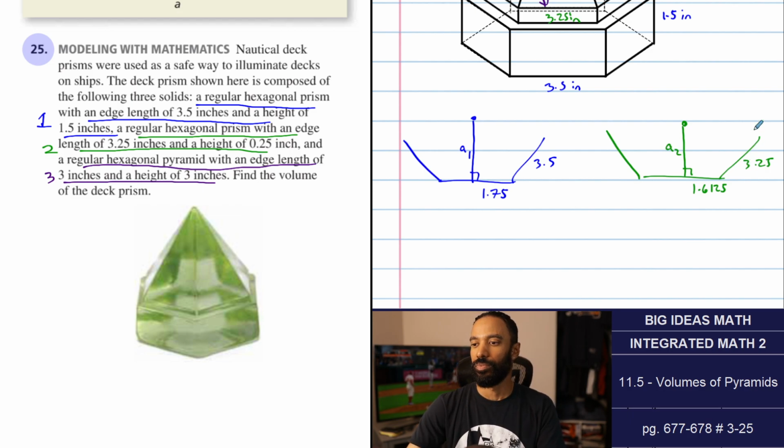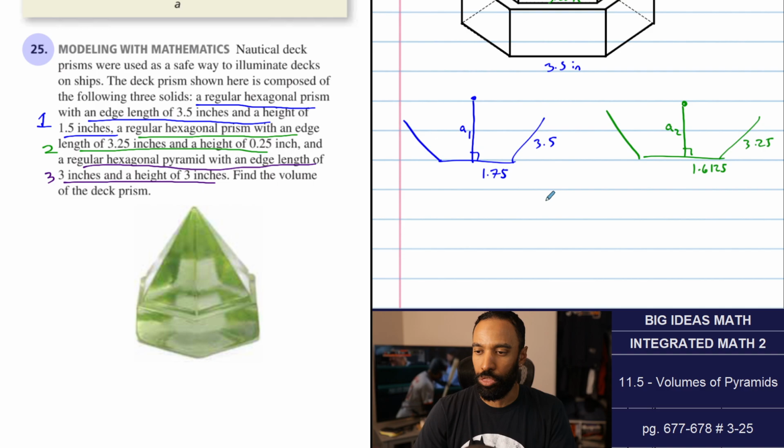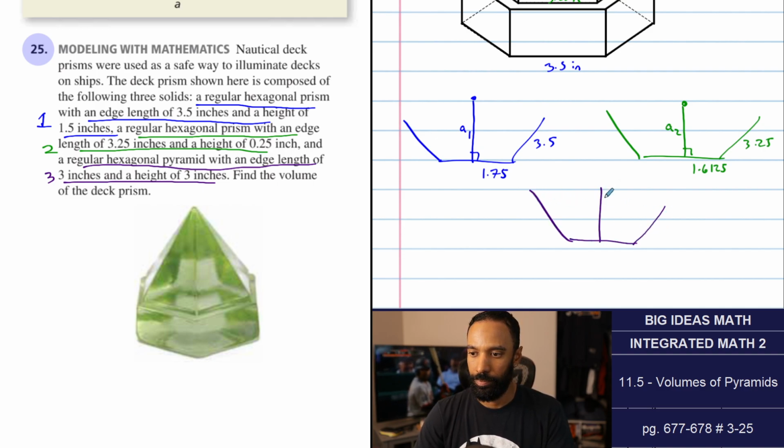And the purple one, it's a length of 3. So when you divide that apothem by 2, you get 1.5.